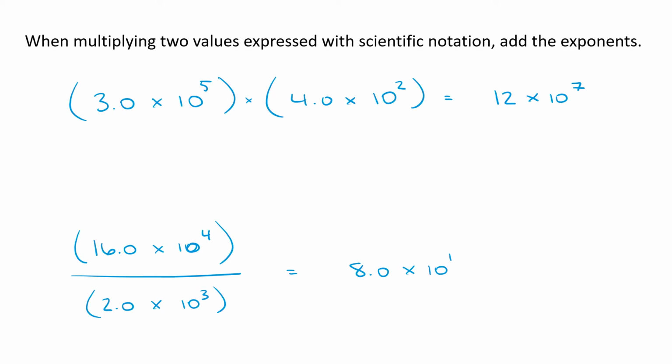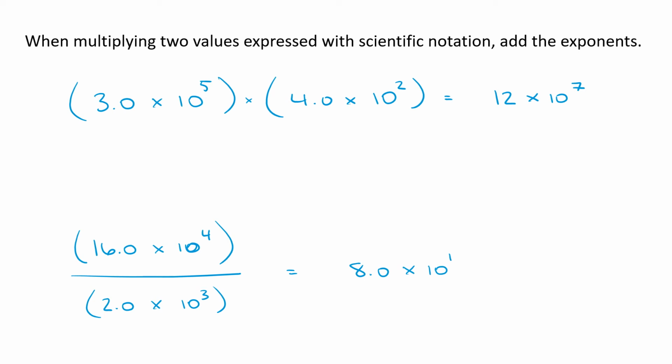I don't know, something like 3.0 times 10 to the second, and I'm going to multiply that by 4.0 times 10 to the third. Just something I made up.